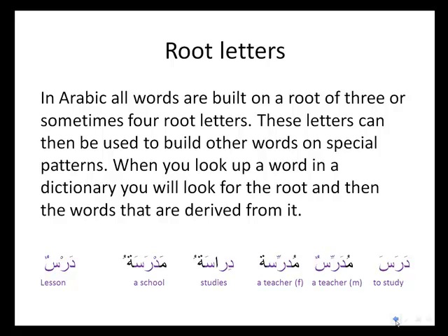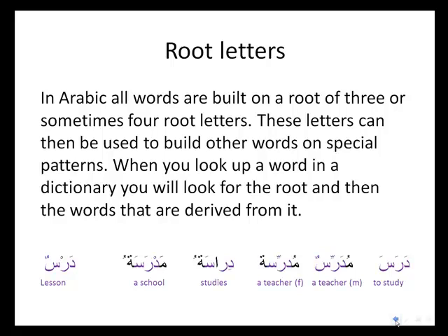Patterns for places, patterns for a person who's performing something, patterns for a special tool that you need to do this activity, etc. When you look for a word in an Arabic dictionary, the root is what you're going to look for. So you will start with the 3 root letters, and then after that all the other words will be listed.